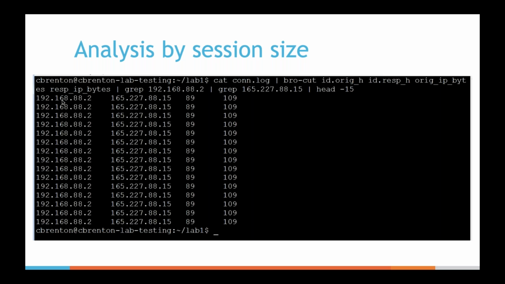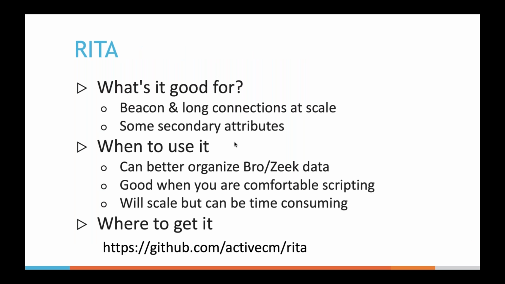So if I see that 107,000 of those sessions all sent the same amount of data and received the same amount of data, yeah, that's a pretty good indication I've got a beacon that I'm looking at here. If I've got a couple of instances where that size changed, okay, that tells me that beacon was activated at that time period. That's something I need to go in and pay really close attention to.